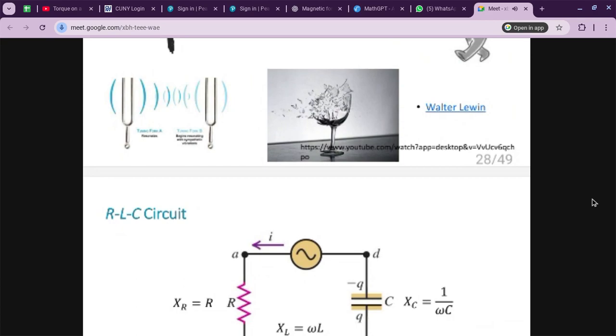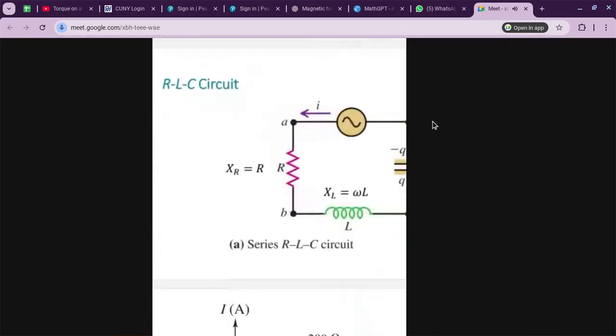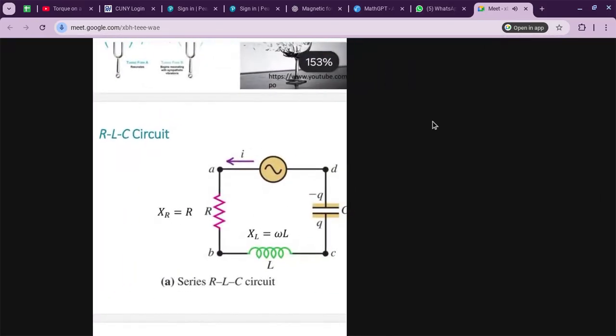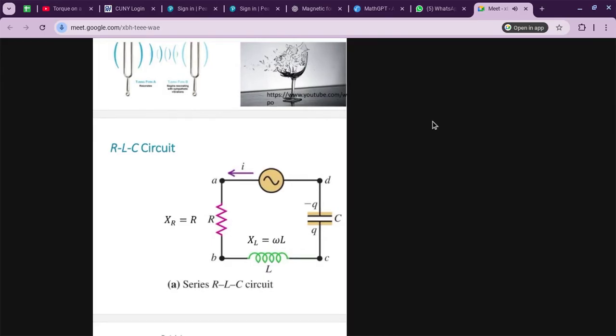Alright? Okay. Now let's talk about the RLC circuit. We'll observe the frequency change in the RLC circuit. R means resistor. L means inductor.